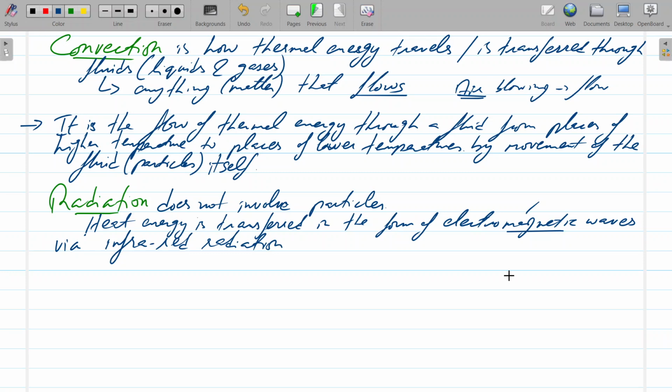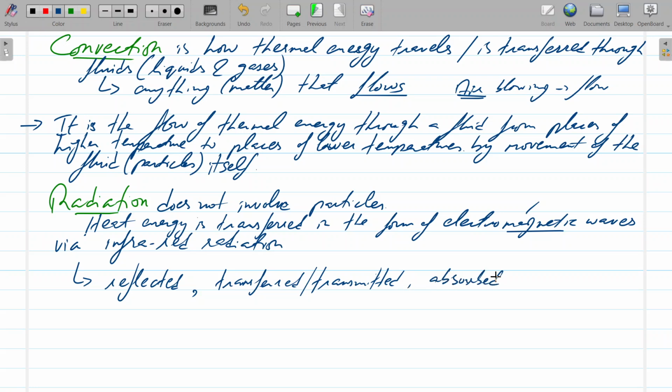The radiation that falls on an object, maybe part of it is reflected, part of it is transmitted, so it is transferred forward, and part of it is absorbed by the object.